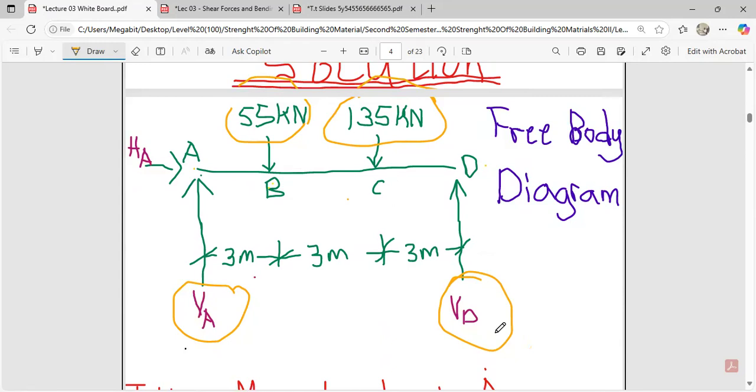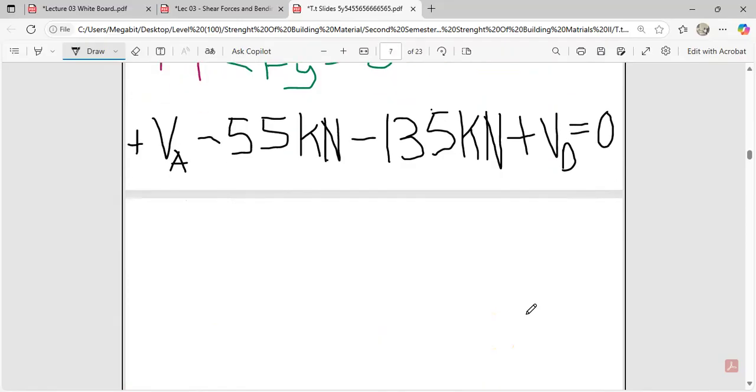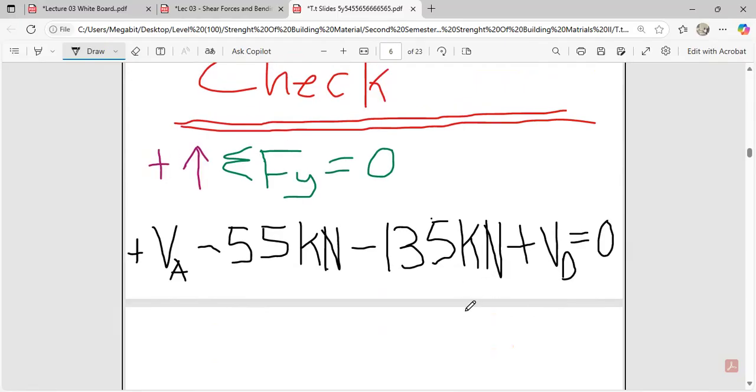Then the last one is VD, plus VD, is equal to 0. So at the end of the day, you only substitute your parameters and then find an answer.